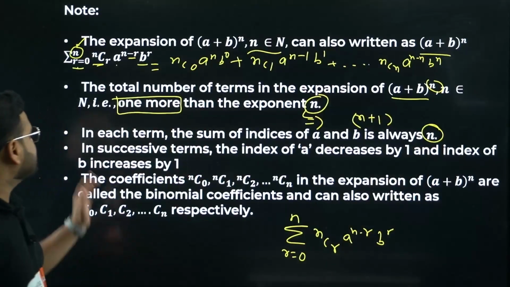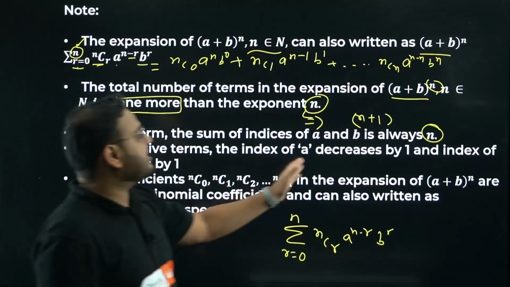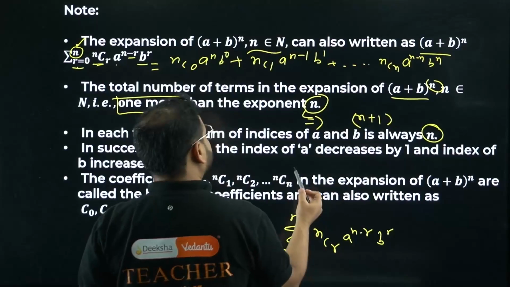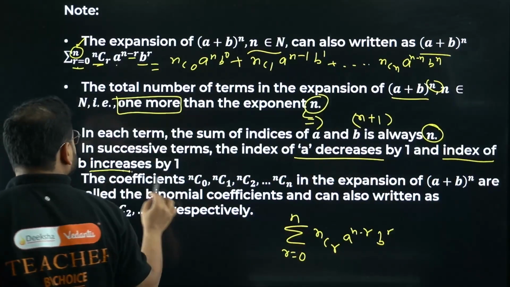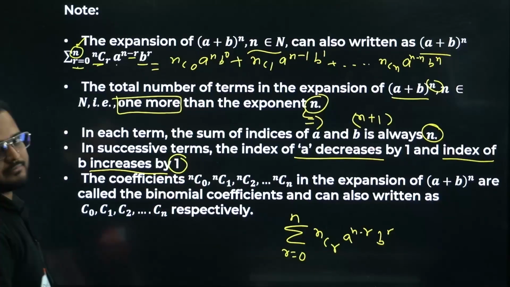What next? In successive terms, the index of a decreases by 1, and the index of b increases by 1. I already explained this part.